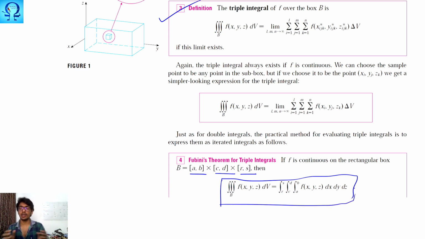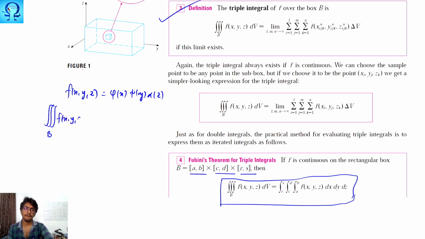All those ideas that you have seen in double integrals can be extended to triple integrals as well. If your function f can be written as some function of x, some function of y, and some function of z, like this, then your triple integral over the box B of f dV shall be written as the integral from r to s of phi(x) dx, times the integral from c to d of psi(y) dy, times the integral from a to b of alpha(z) dz.